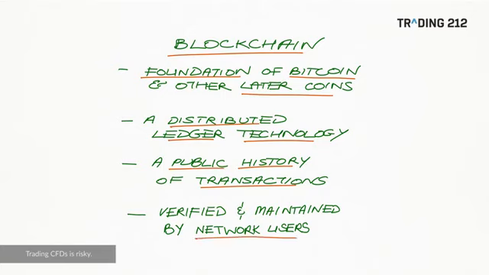So the network users verify and maintain this ledger. So here we have a key facet of blockchain: it's not being looked after by a central authority. No one person looks after it. The whole network of peers look after maintaining the record.